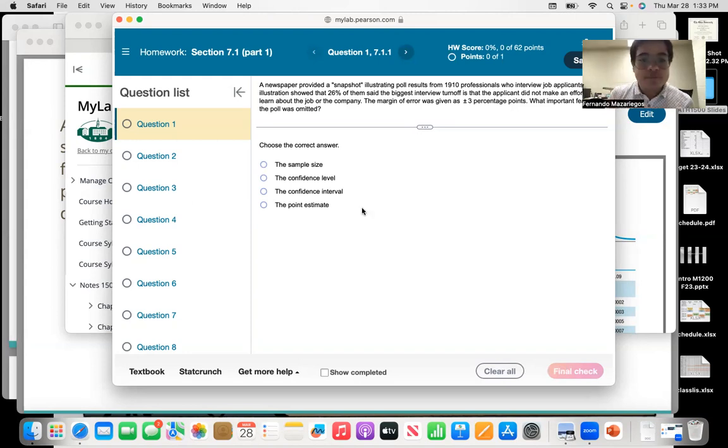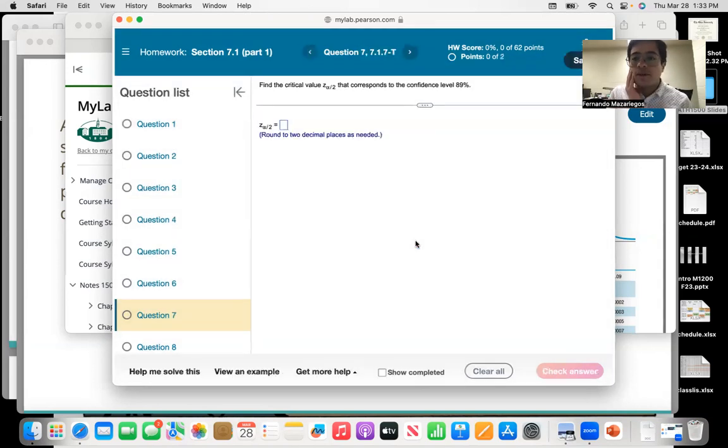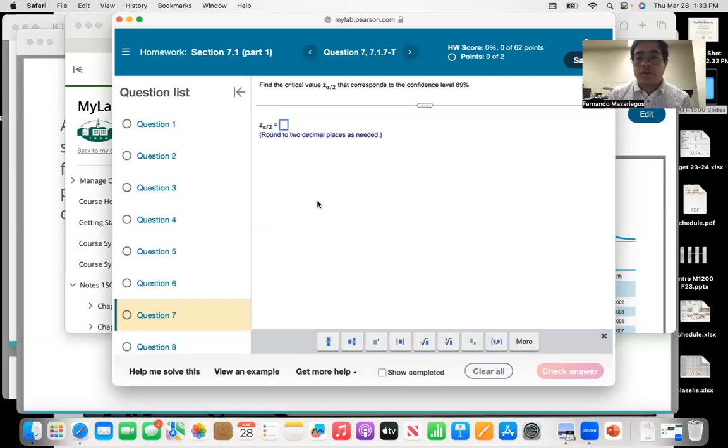So I wanted to show you some of these questions so you have an idea of what to do. So a critical value, Z alpha over 2, that's just a Z-score with an area of alpha over 2 to the right. So let's find this. Remember, the confidence level is 1 minus alpha.